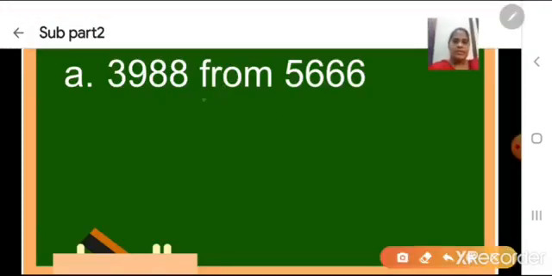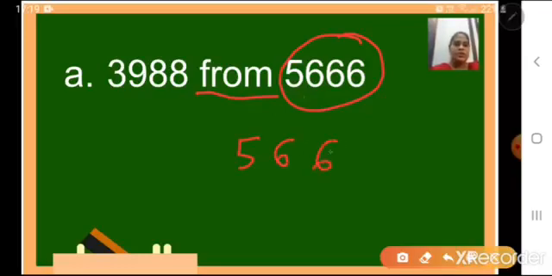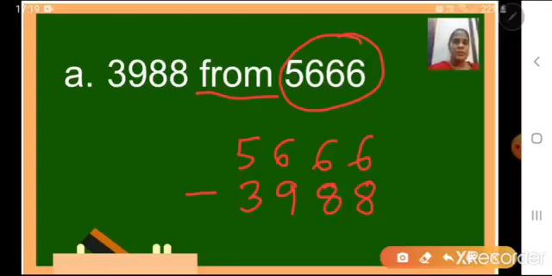When we see the word from, it means we have to subtract this number from this number. So the second number which is given, that we have to write first. So it is 5666 minus 3988. In this manner we are going to put the numbers in the proper place.